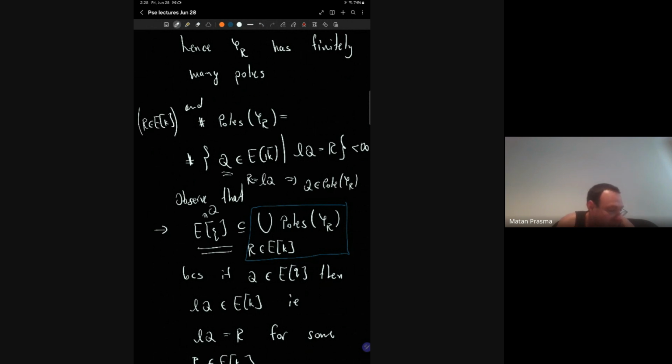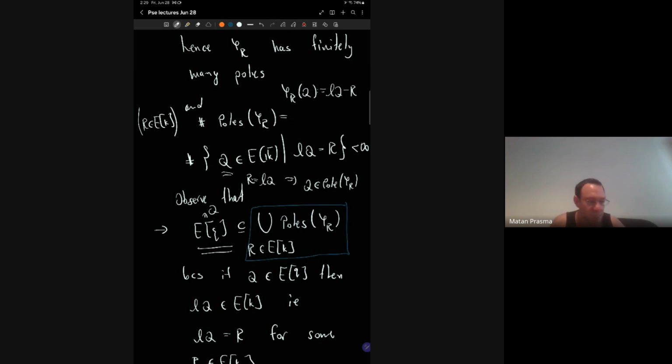Because LQ is equal to R, so LQ minus R will be 0. But phi R of Q is exactly LQ minus R, by definition. Okay? So you see, every point in EQ can be viewed as a pole of phi R for some R in EK.